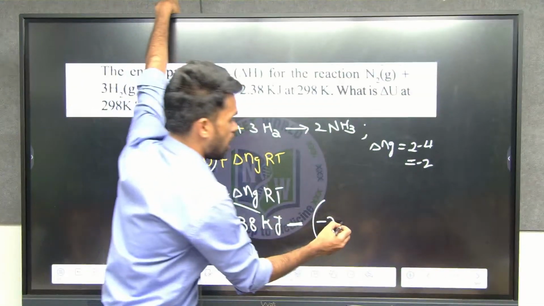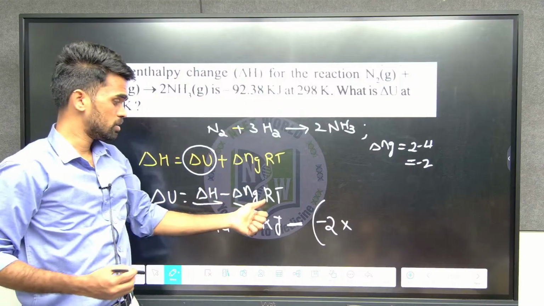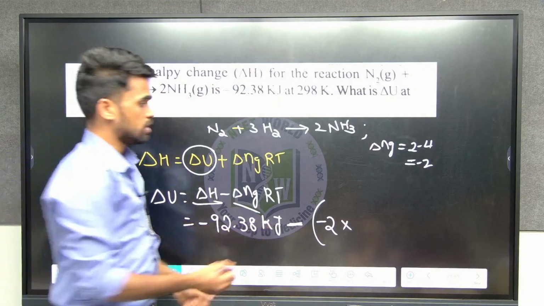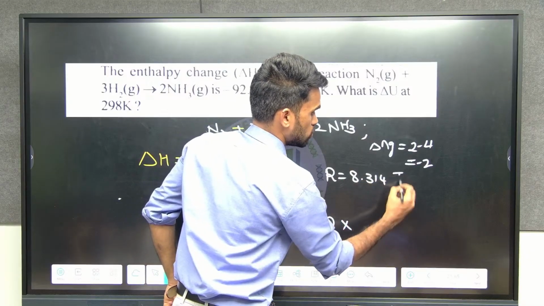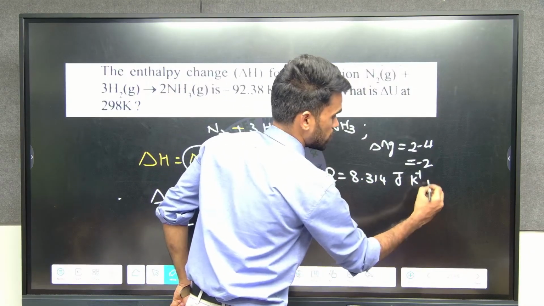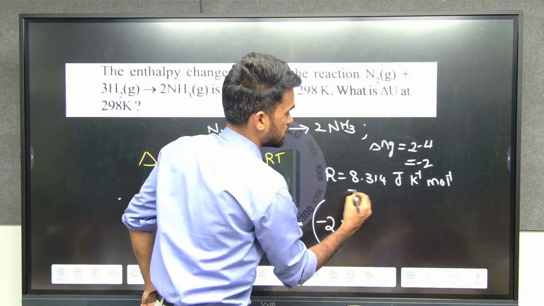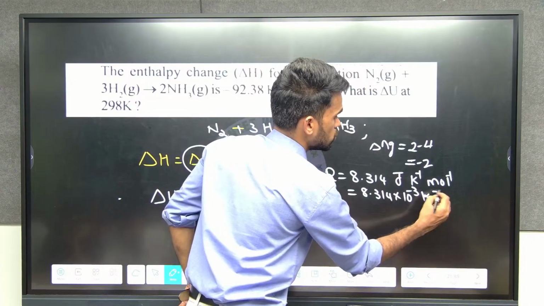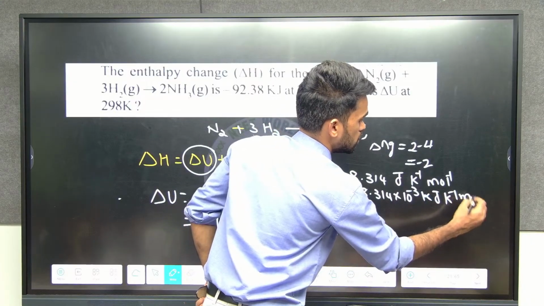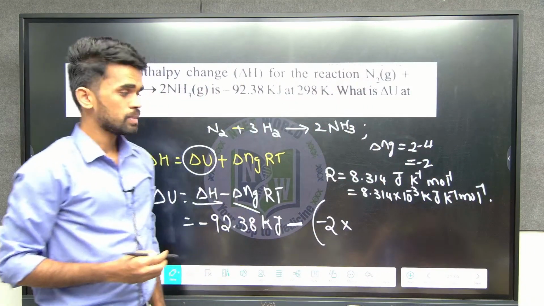Next, what about the R value? Here we have kilojoules, so R can be taken as 8.314 joule per Kelvin per mole, but they are saying kilojoules, so 8.314 into 10 power minus 3 kilojoule per Kelvin per mole you should take.